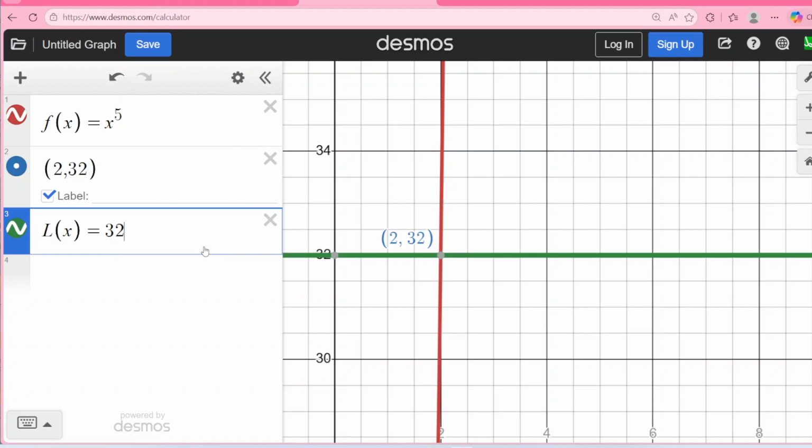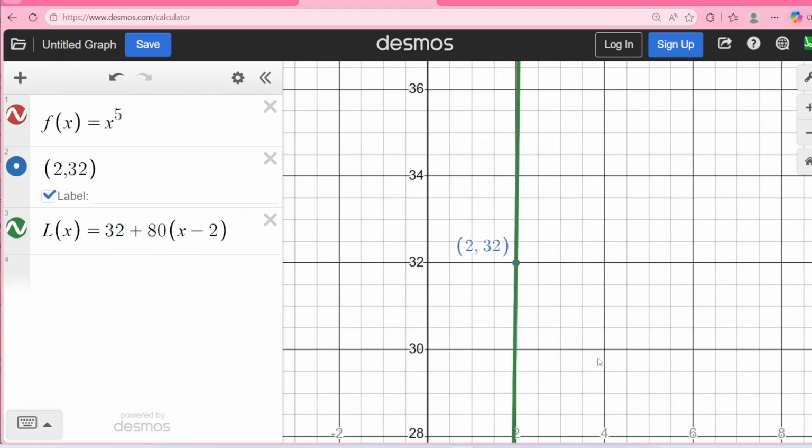And I said it was 32, the value of the function at 2, plus then the slope, 80 times the quantity x minus 2. And you can see, when I turn this graph off and on, it's pretty much just right on top of the function. It's so close. This tangent line and this function that we started with are very, very close to one another around this point 2, 32.